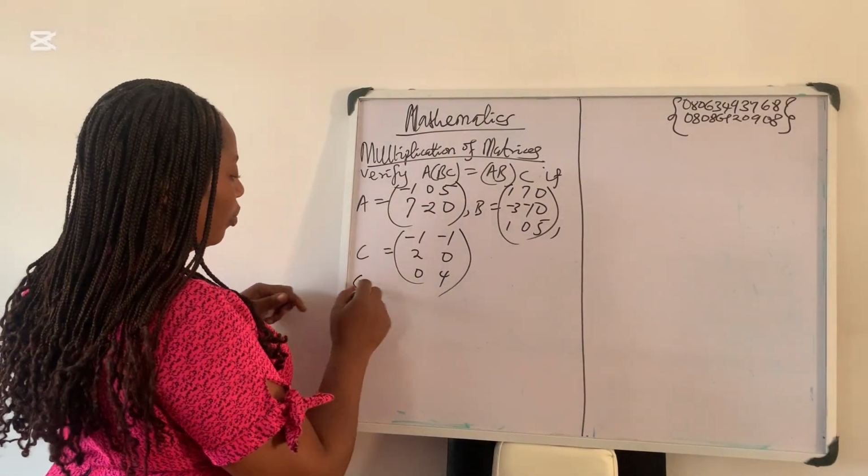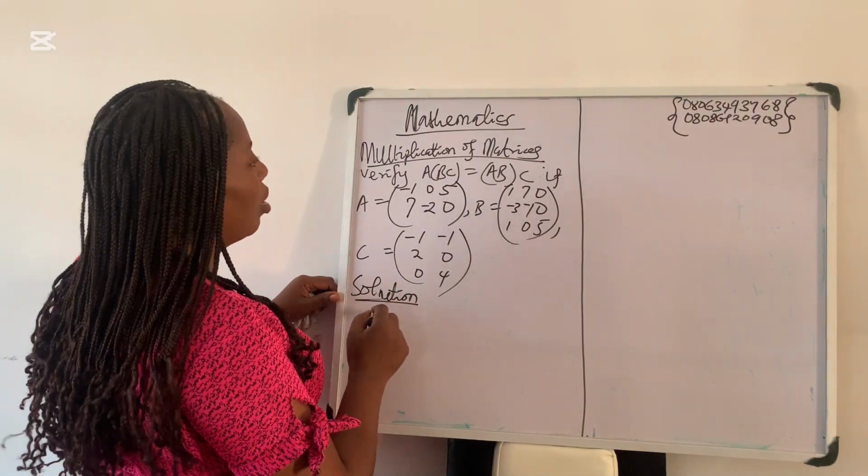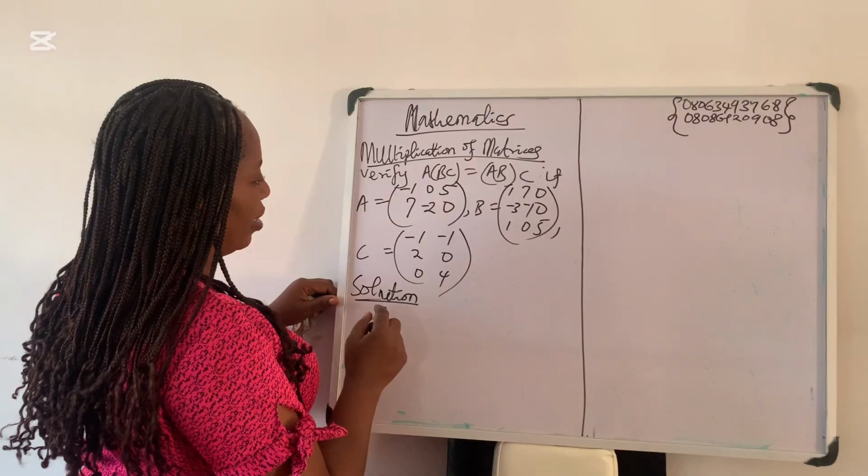Our solution to what is on the board: first do what? Multiply B and C, that is BC.